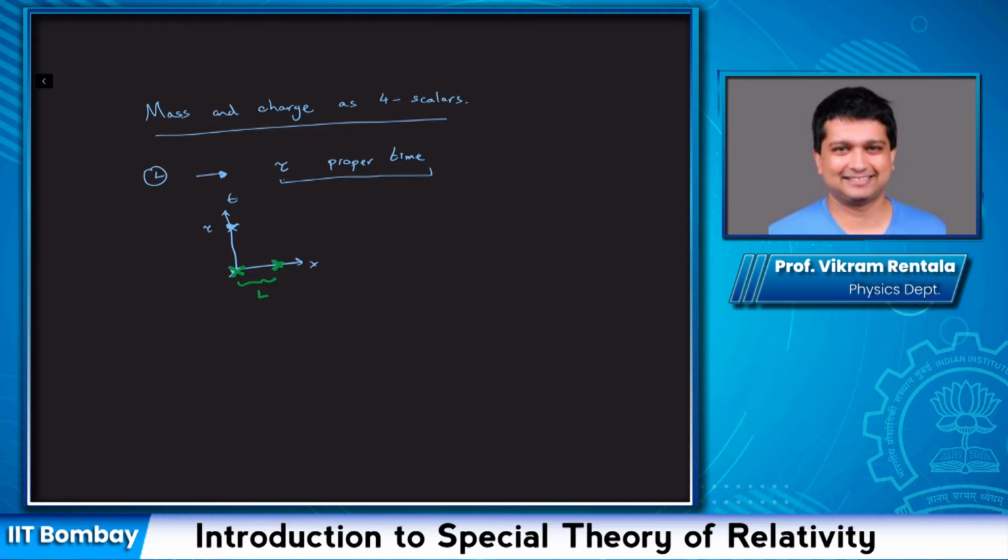Similarly, we've seen that if we have a rod which is at rest in a particular reference frame, and it has a length L in this rest frame, different observers would measure different lengths for this rod. However, they would agree on what is called the proper length of the rod, or the length of the rod in its rest frame.